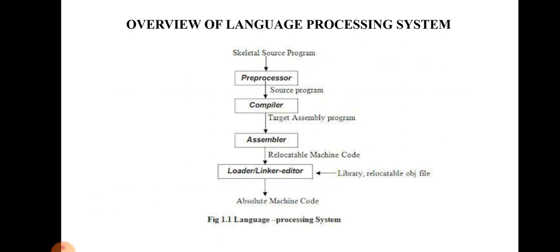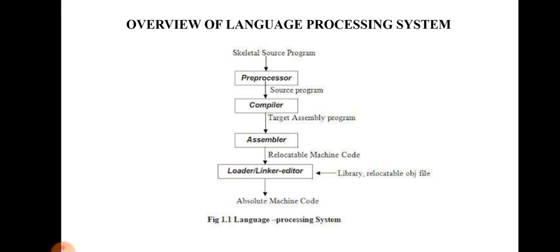Then the source program is given to the compiler. The compiler is a translator which converts the source program into assembly level language. The assembler gets the assembly program as input and produces relocatable machine code. Relocatable machine code is code placed at various memory addresses, in various relocatable addresses.